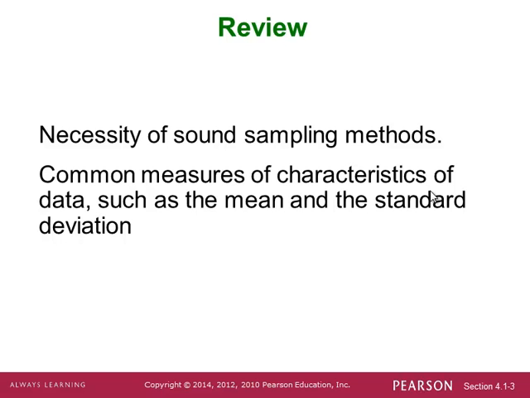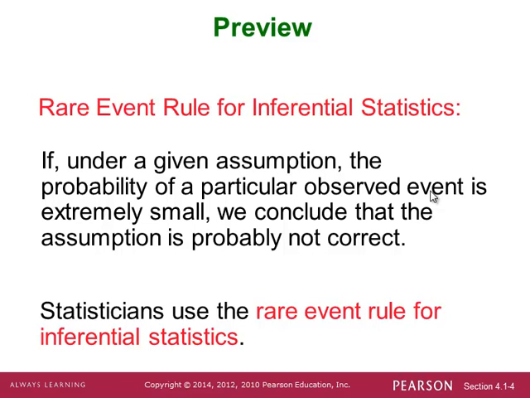So in other words, we are trying to understand the distribution of the sample so that we can eventually say something intelligent about the population as a whole. Now, what we're going to talk about in this chapter is probability theory.